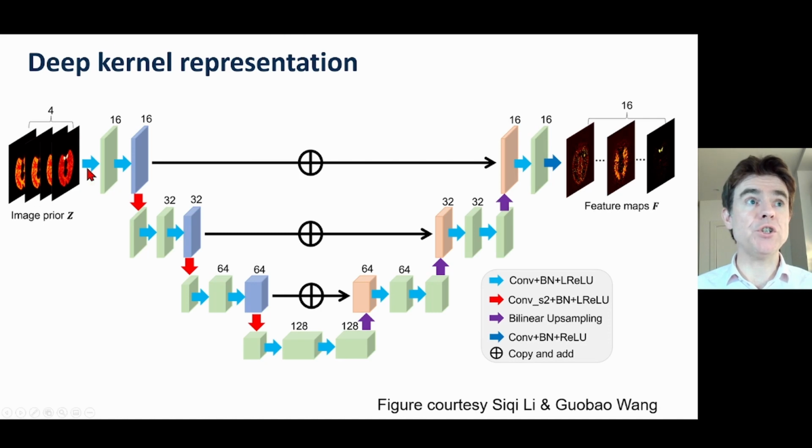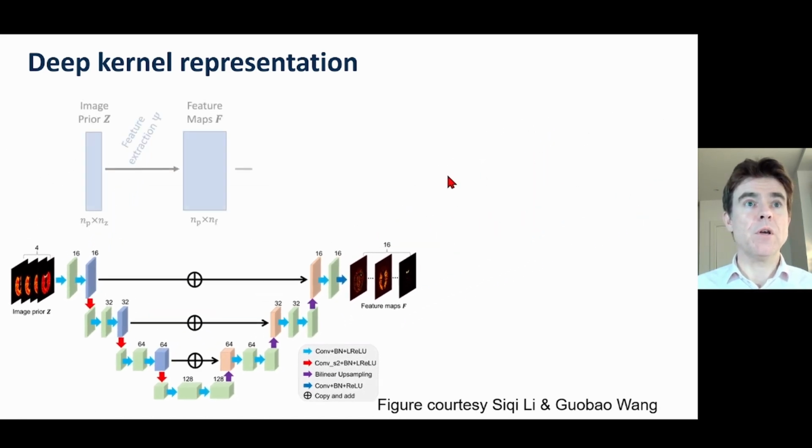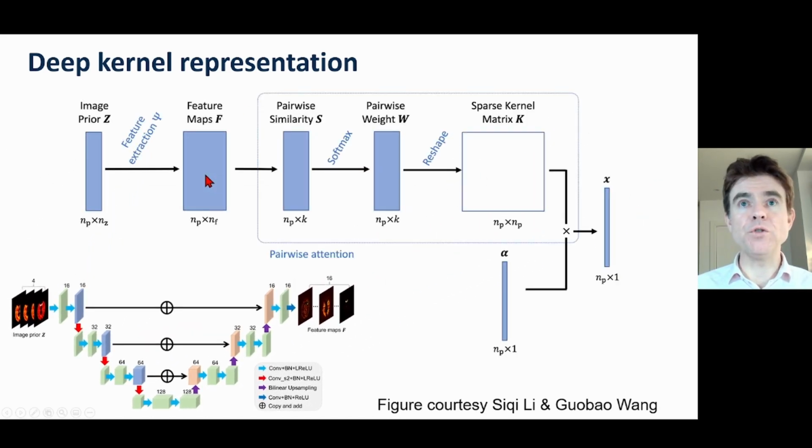Deep kernel representation can work on a time sequence of images, and what it can do is generate feature maps from a time series of images and then use those feature maps here in order to generate a matrix of basis functions. So what we're doing here, this is the impressive work of Siqi Li and Guobo Wang, quite recent.